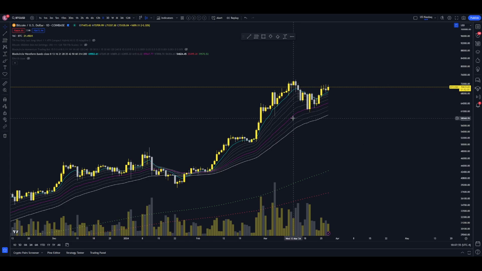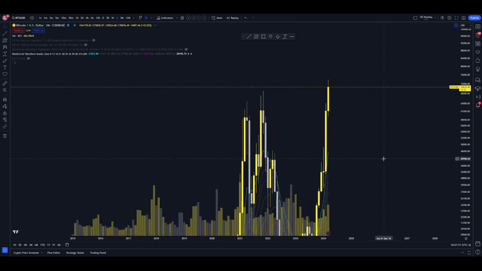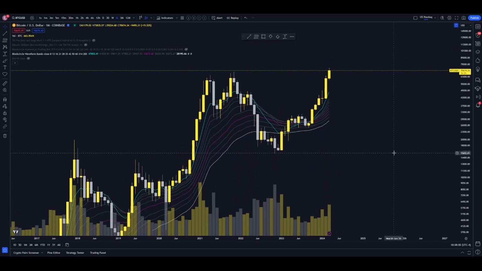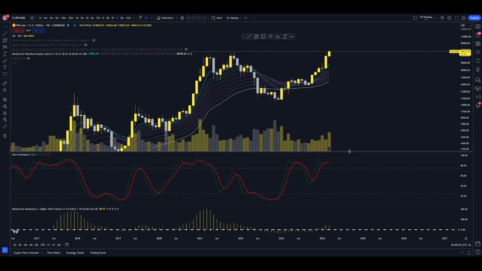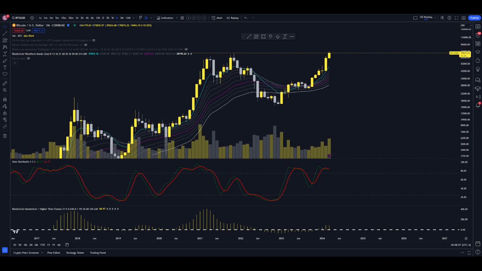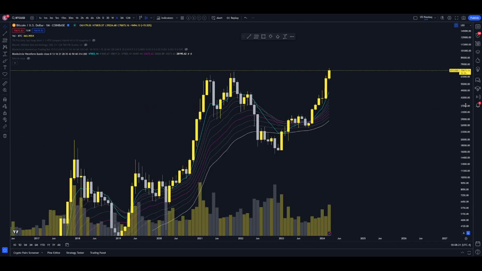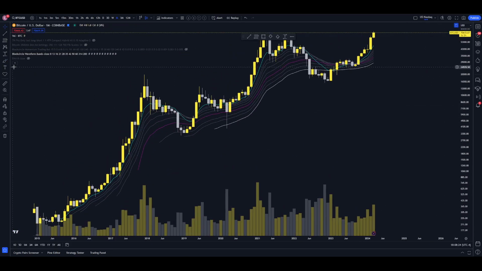Okay. Now let's throw another application into the mix: the slow stochastic. Let's make this a little bit bigger too. We talked about this a little bit in, I believe, our 5th video. This is going to help us with our timing a little bit better. This is going to be our cyclical indicator because, as we know, all markets move in cycles.